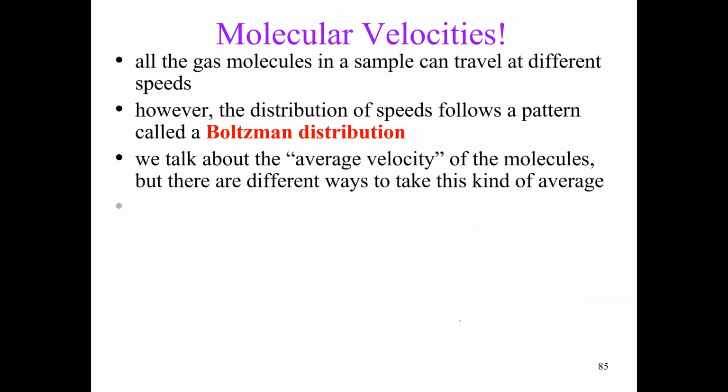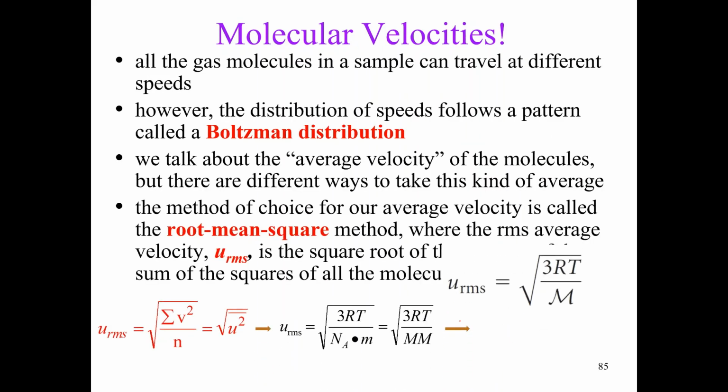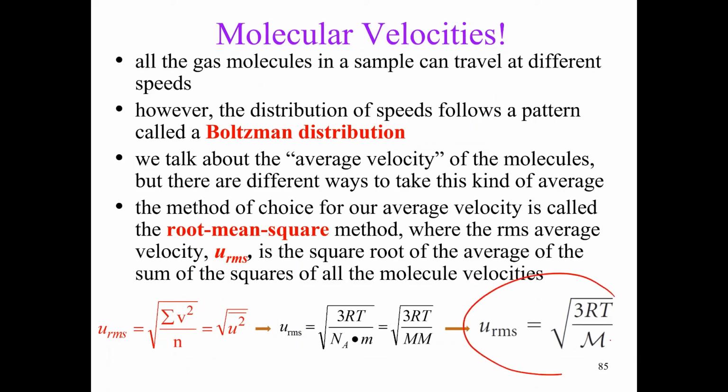It's a molar mass. So the bottom line is that is the formula that you need to use for calculating RMS. This is the average velocity, right? Because of this gas motion that you have.